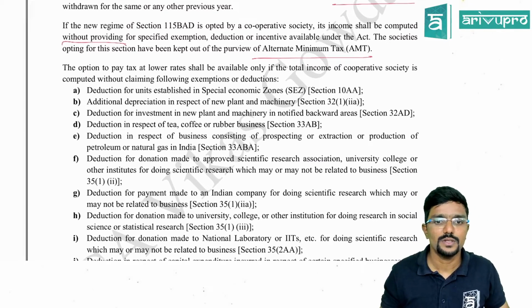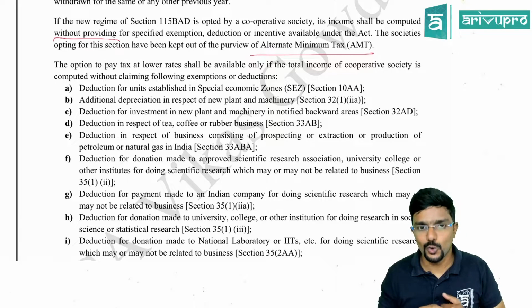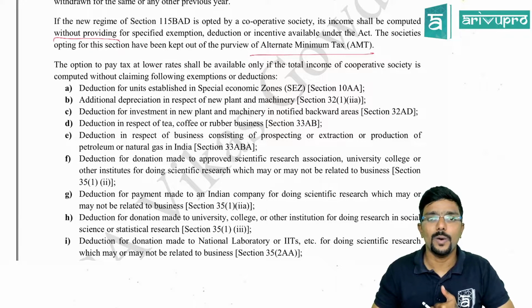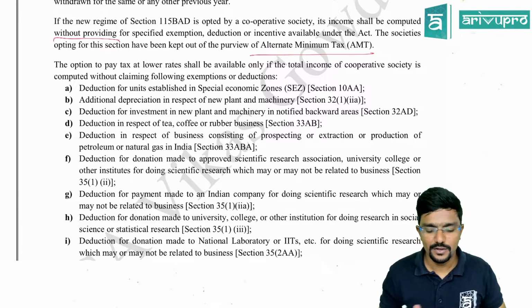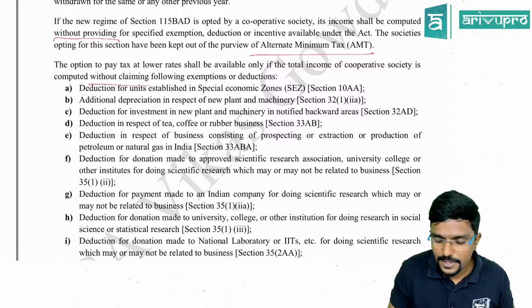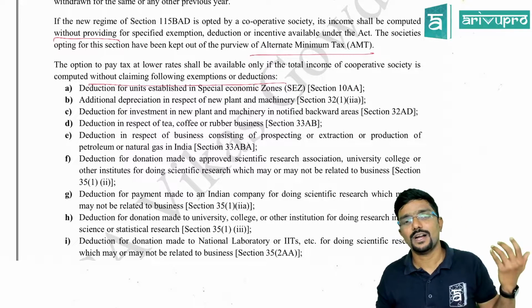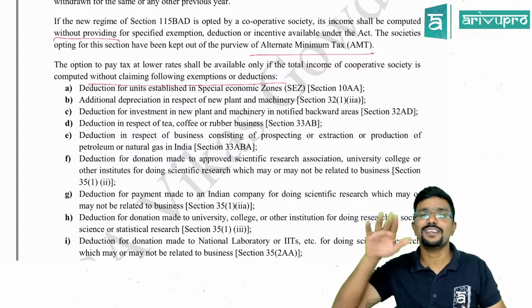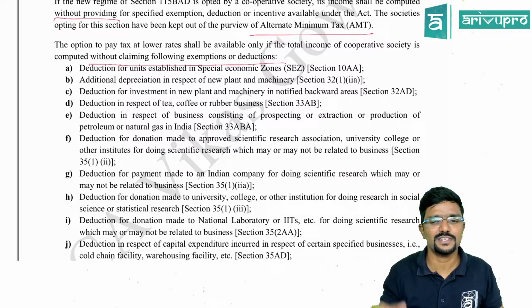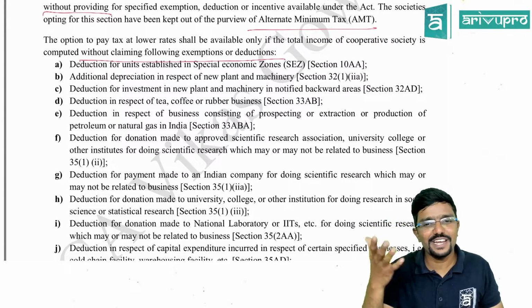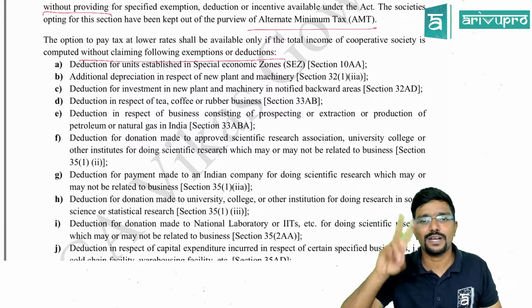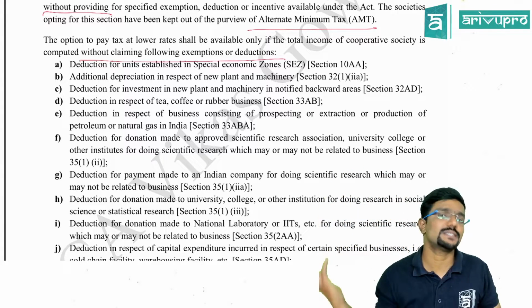Next, the option to pay tax at lower rates shall be available only if the total income of the cooperative society is computed without claiming the following exemptions and deductions. Which are those? We will learn it chapter wise, because if I start telling about this now, we don't have any idea about all these items. So we will be covering this in the particular chapter, guys.